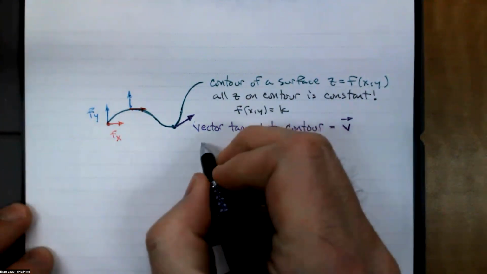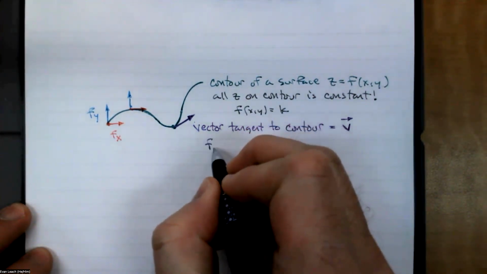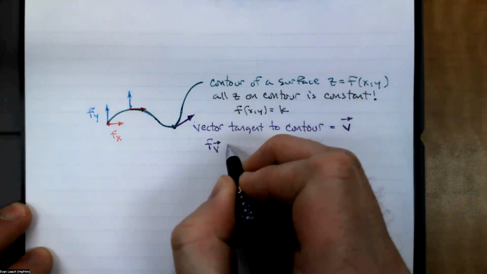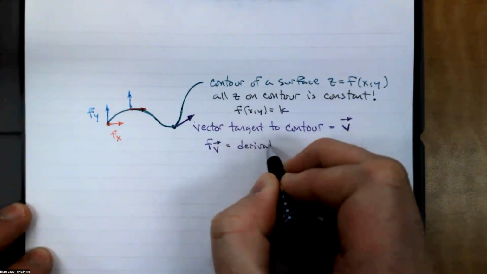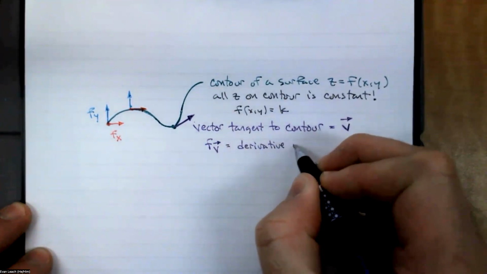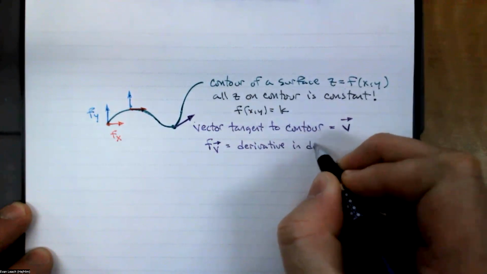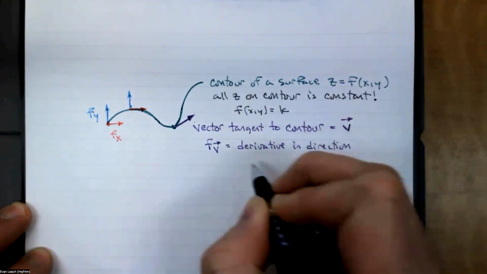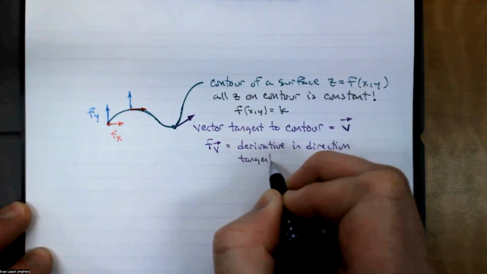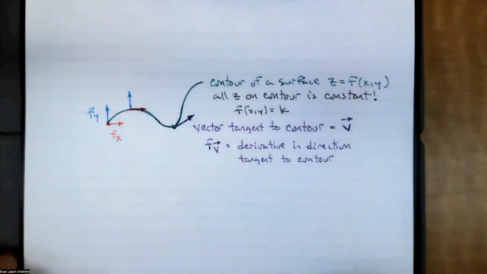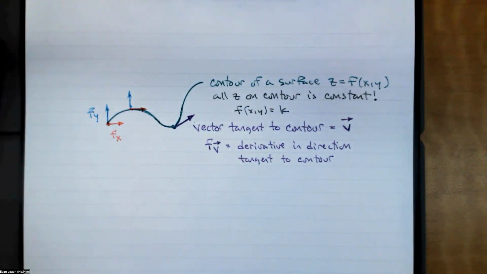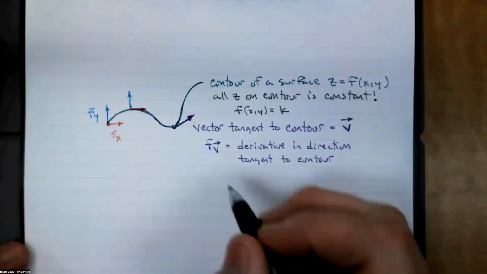This is what we want to think about. So the question is, how much is z going to change if we're moving tangent to the contour? How much does z change moving tangent to the contour?